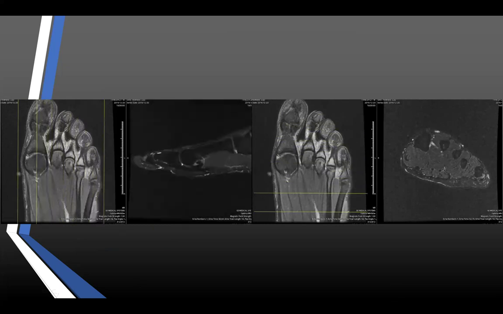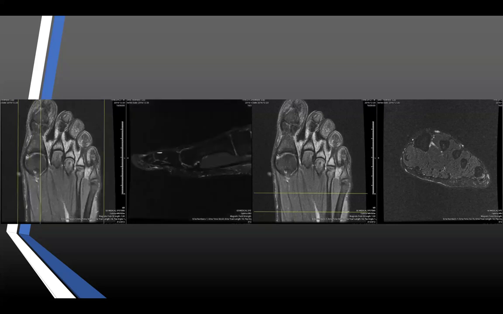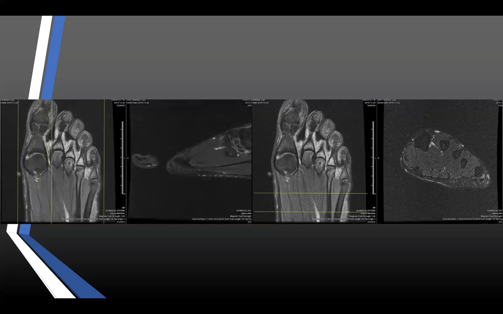Really from this MRI, we do see that there is some edema in the tibial sesamoid, but there's some evidence for a probable non-displaced fracture of the sesamoid. But overall, there's no gross tearing that we can see. There's not a whole lot of edema, but there may be evidence of a small strain.